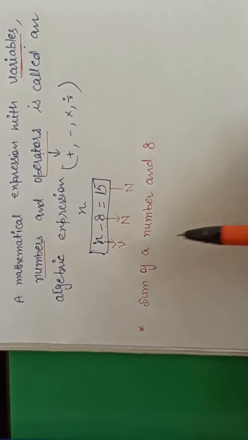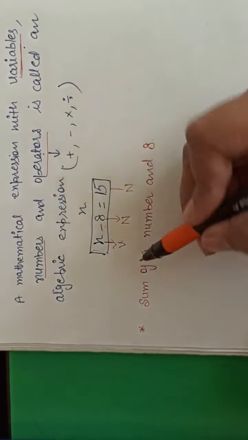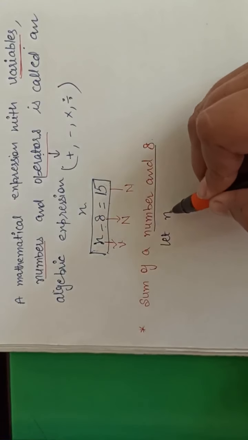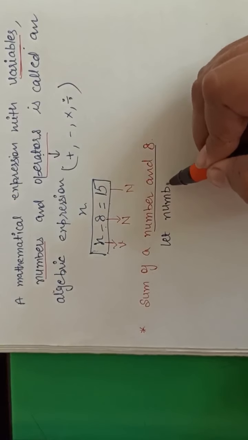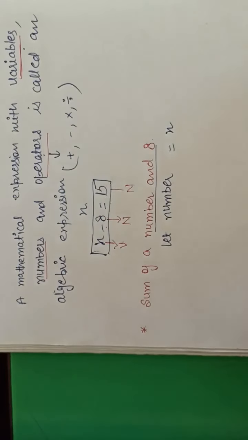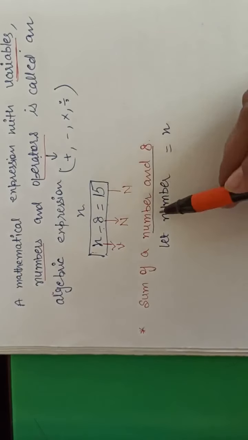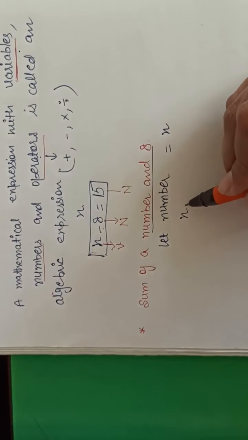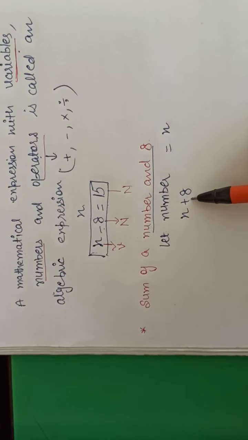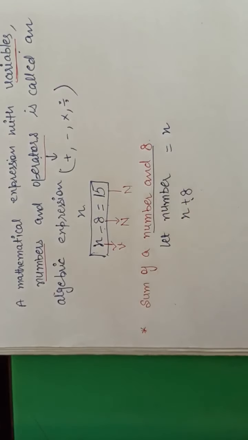So everyone knows, let the number be any variable, you can take x, y, z according to your wish. Sum of a number and 8 means x plus 8. Clear?